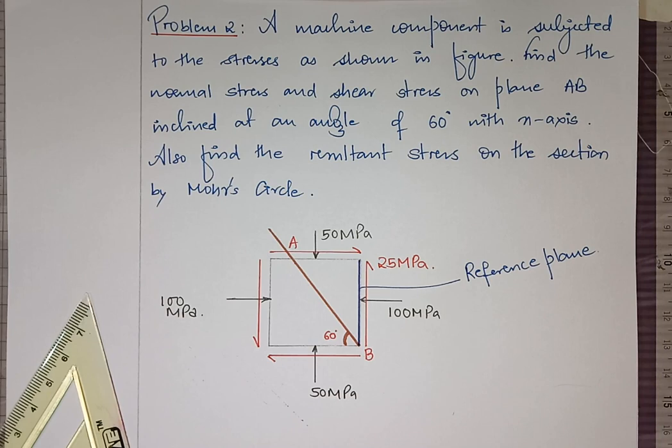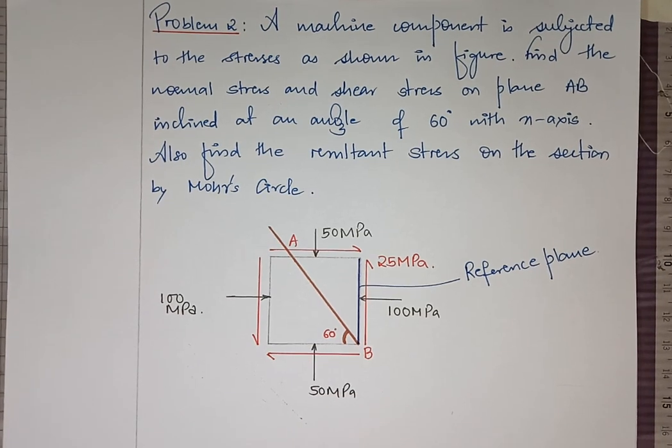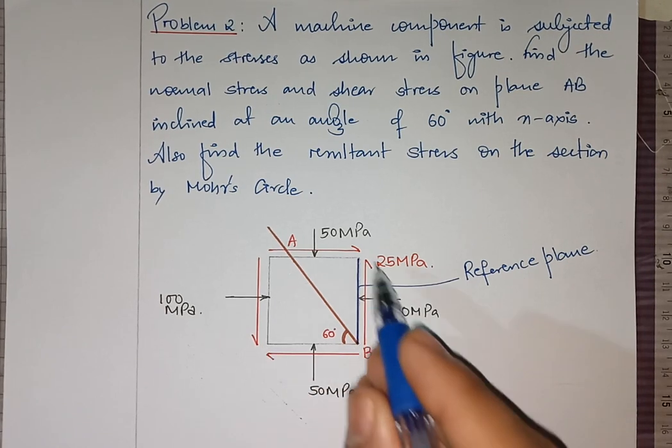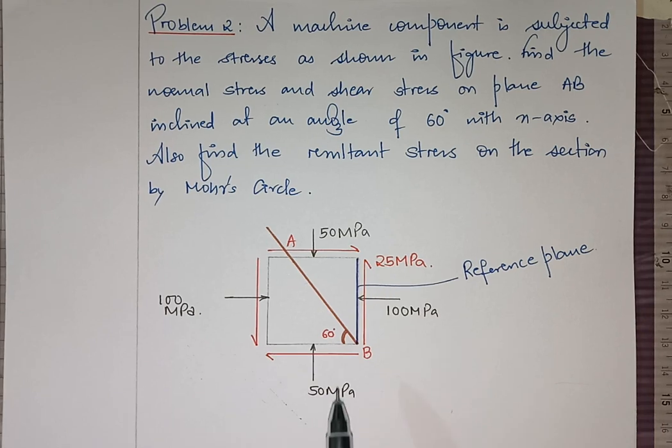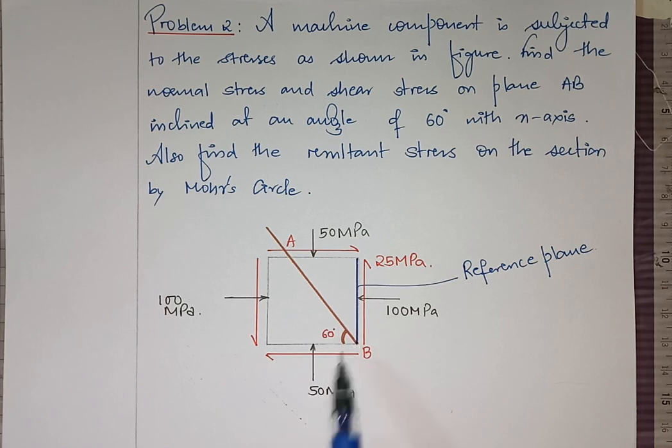Now we are in need of an angle theta which is with respect to the reference plane. So with respect to the reference plane, how are we going to find theta? It is very simple. This face and this face are both 90 degrees. The total angle between this blue line and this line is 90 degree, whereas this is 60.